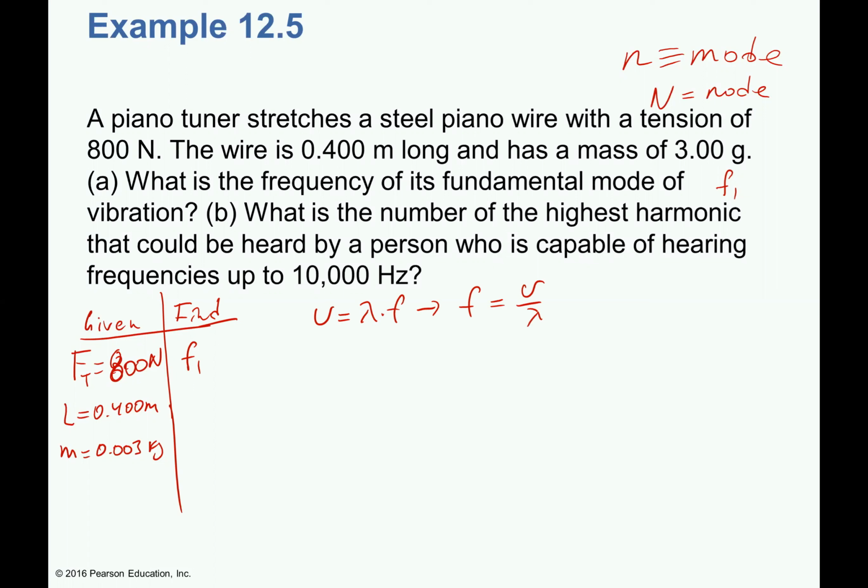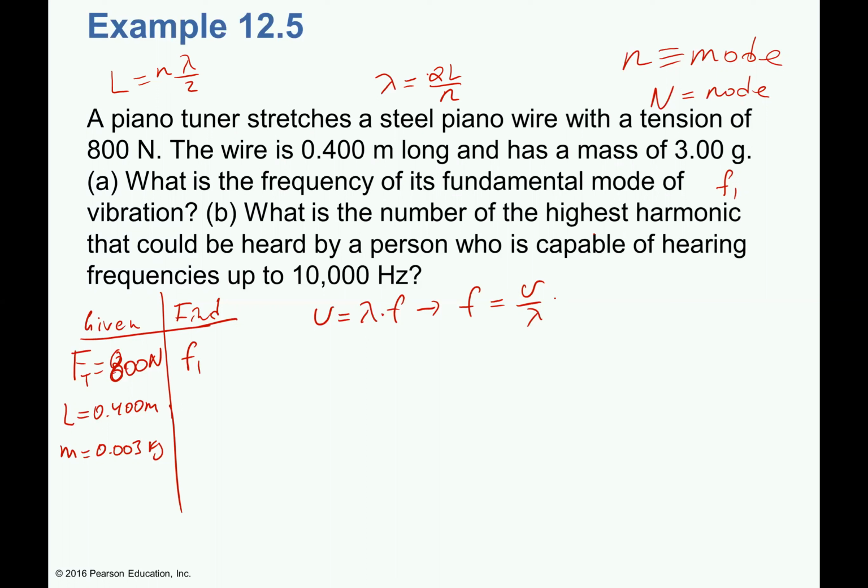In the previous slide, I showed you that wavelength can be related to the length and the number of modes. I showed you that L equals n times lambda over 2. So if you rearrange, then lambda equals 2L over n.